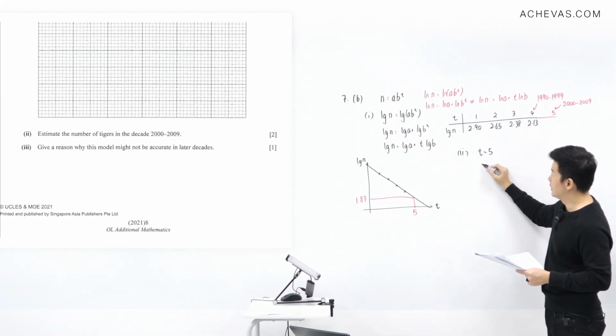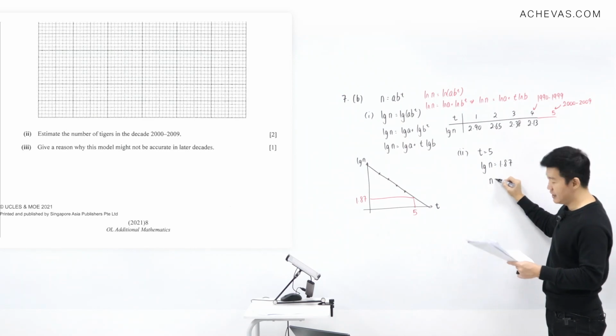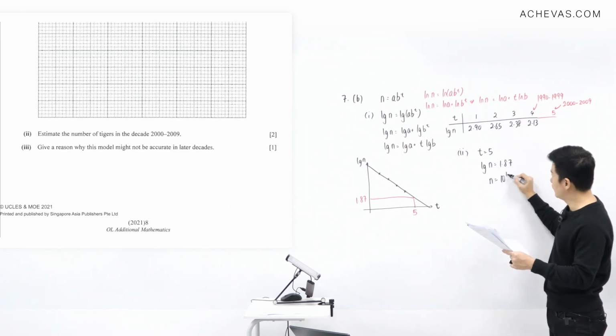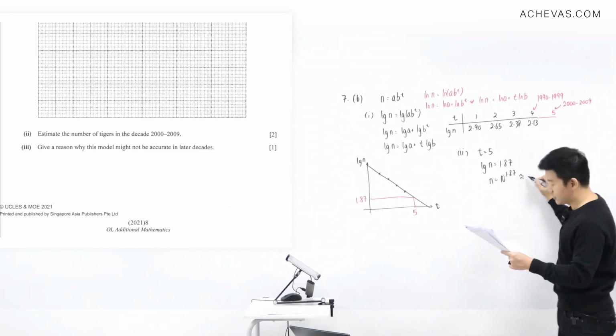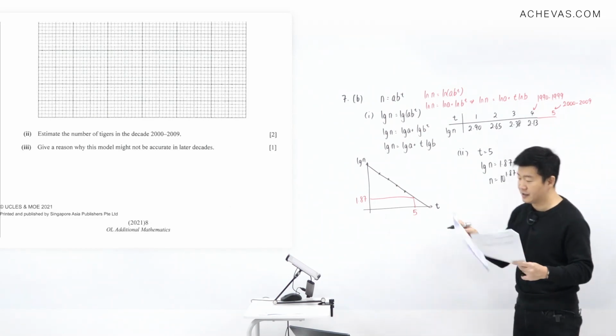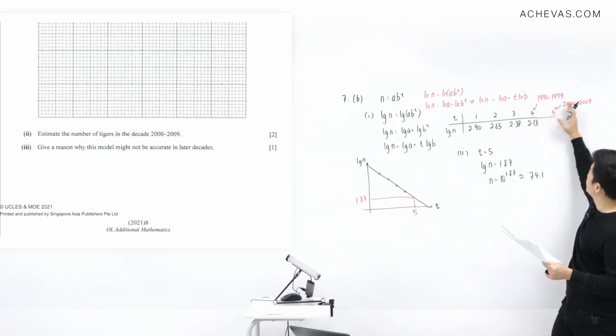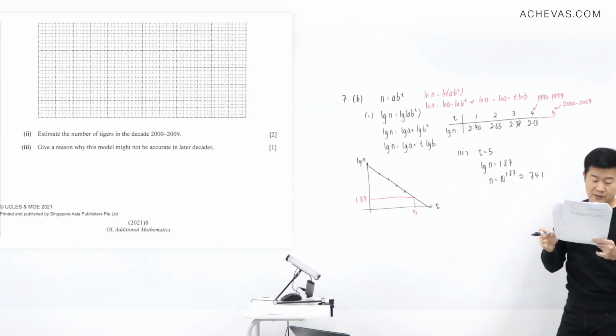And that will be when I let log n be equal to 1.87, which means that n is going to be equal to 10 to the power of 1.87, which is approximately 74.1. So this will give us the number of tigers in the decade between 2000 and 2009.